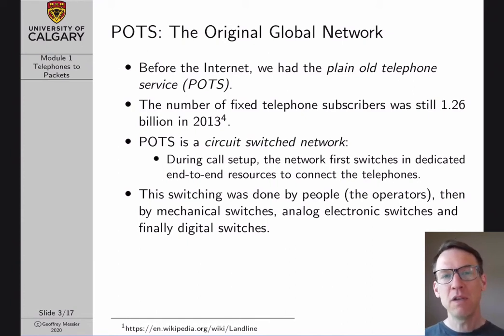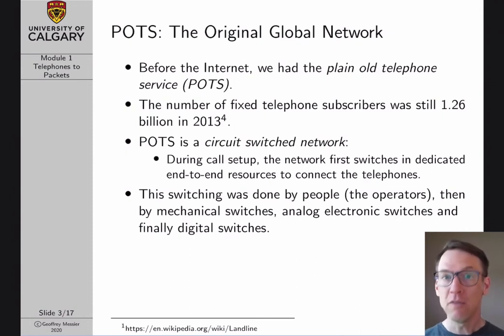Even in 2013, there were 1.26 billion fixed telephone subscribers. It really was the first communications network that connected the globe. You could pick up a phone and basically call anywhere in the world and talk to somebody literally halfway across the world.